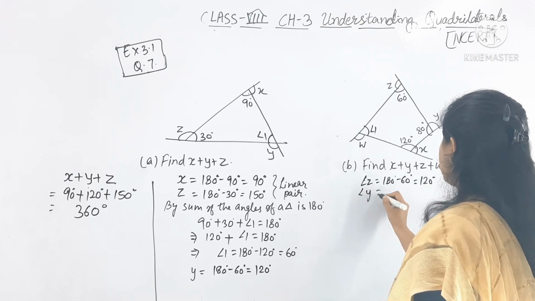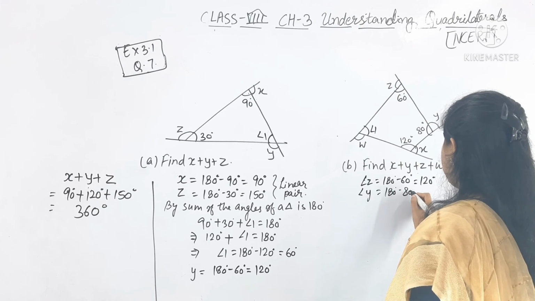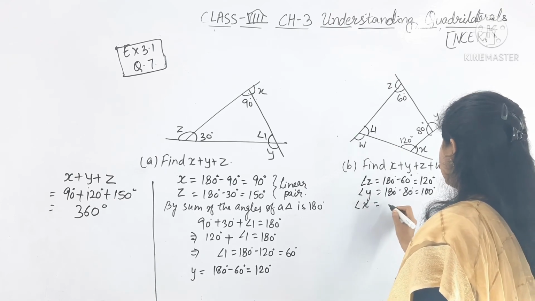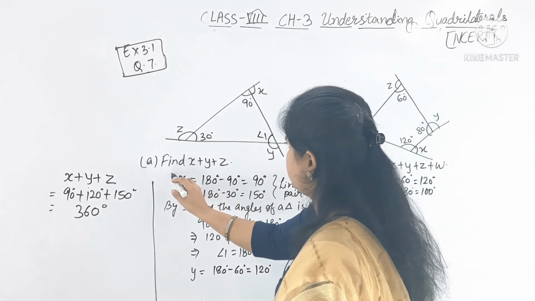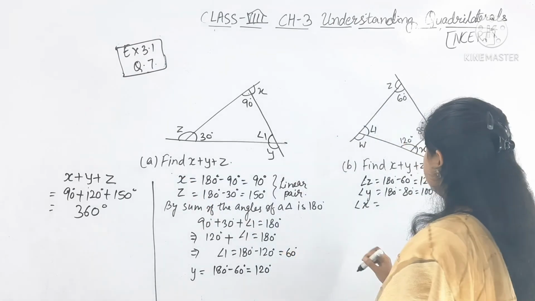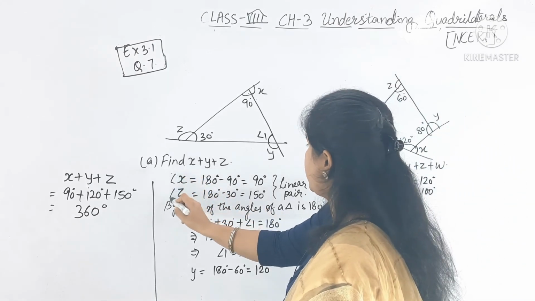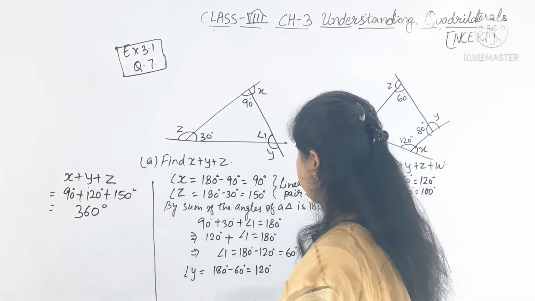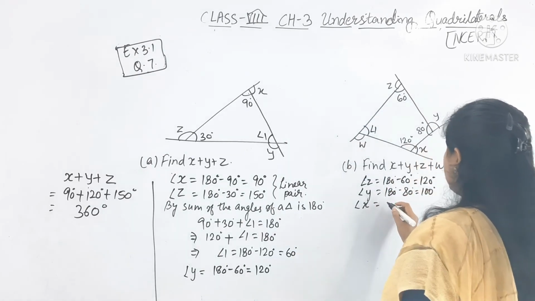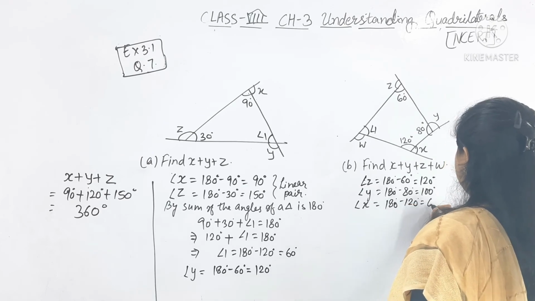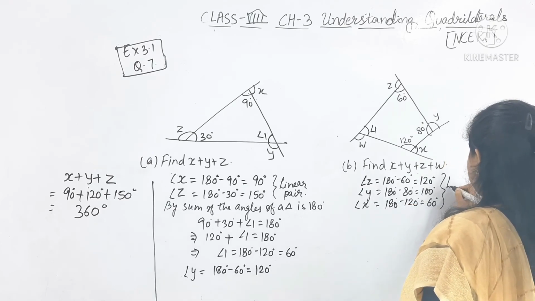Angle y is equal to 180 degrees minus 80 degrees, that is 100 degrees. Angle x is equal to 180 minus 120 degrees equal to 60 degrees. This is by linear pair.